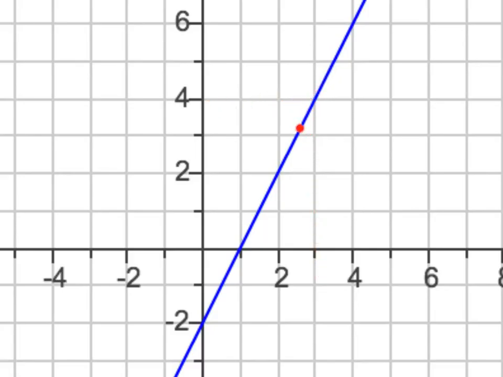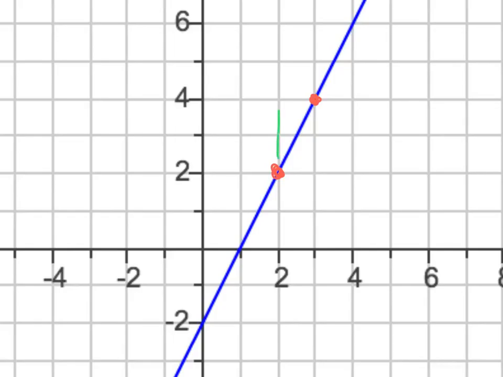So we're going to look for this blue line and where it perfectly crosses at a point. And here's one right there. I'm going to keep looking, and here's another one right here. So here are our 2 points that we're going to use to determine our slope.